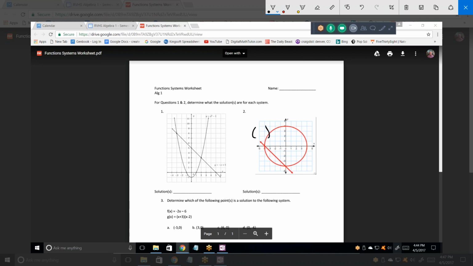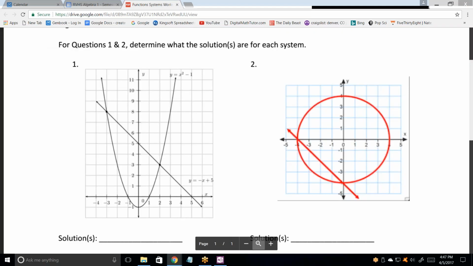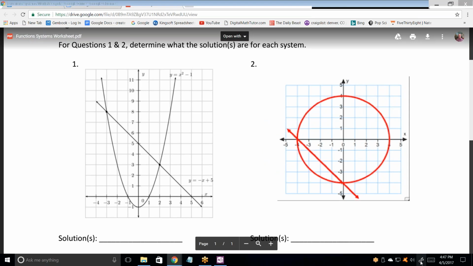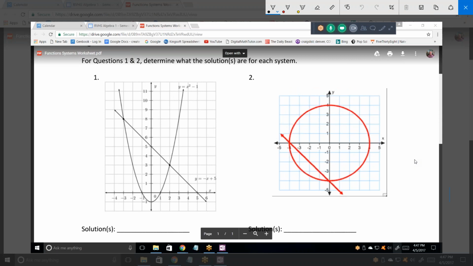I could normally blow it up, but I'd have to back out of this thing, and let me do that. Hold on a second. I can do this. I'm going to zoom once, okay, and now I'm going to bring up that tool again. There. Now, what's this point right here where they intersect?